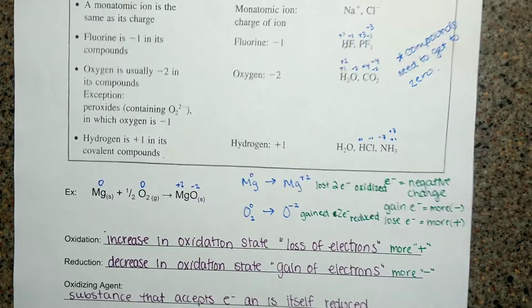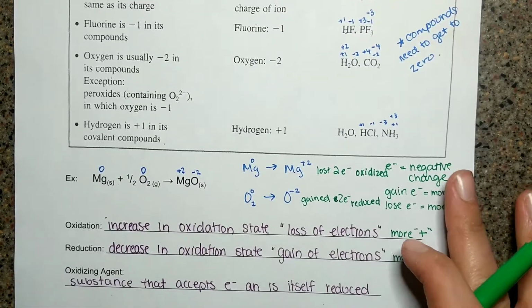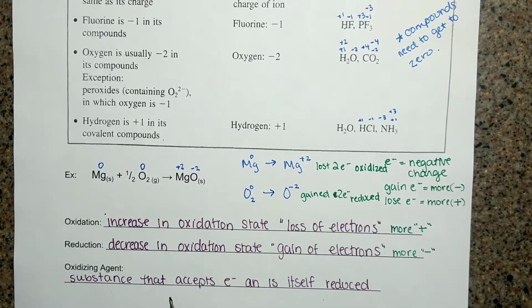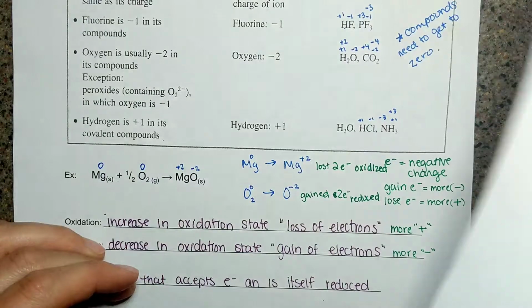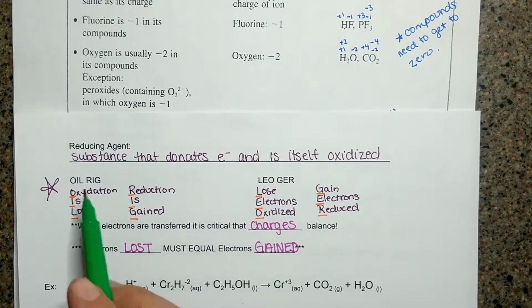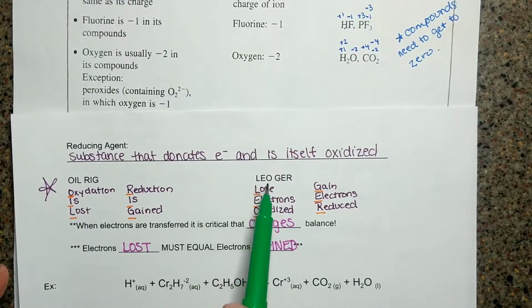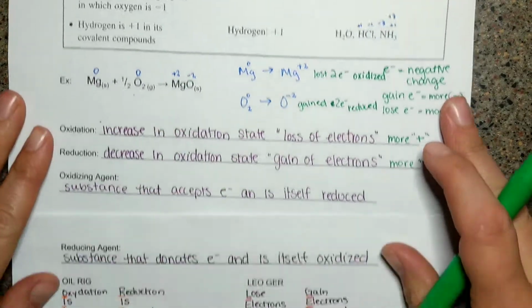Okay. Now we can have an oxidizing agent and a reducing agent. The substance that accepts the electrons is itself reduced, and the reducing agent is a substance that donates electrons, itself is oxidized.